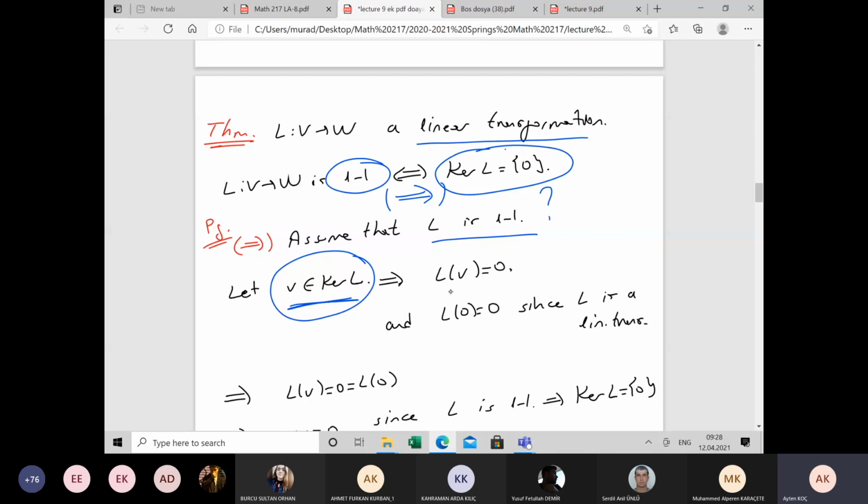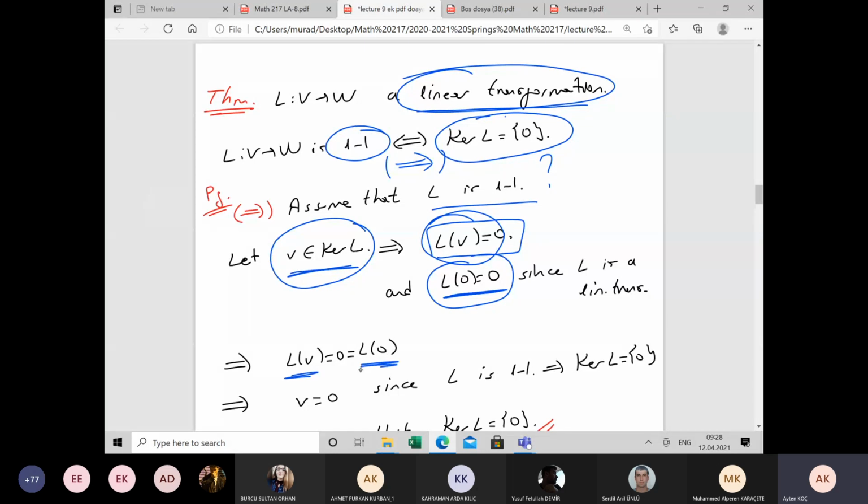L of V is 0, and we also know that L is a linear transformation. If our map is a linear transformation, we know that L of 0 is always 0. So L of V is 0 and L of 0 is 0, which means L of V is equal to L of 0. But by the assumption, L is 1-to-1.